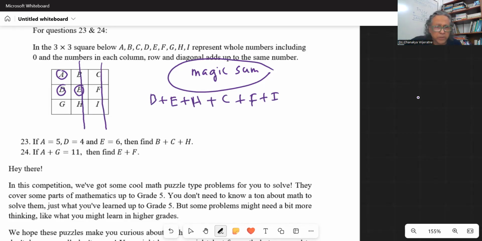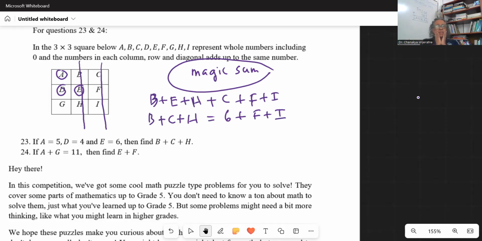So let me write them together: B plus C plus H. And the rest is of course given. What is that? It is actually 6 plus F plus I.